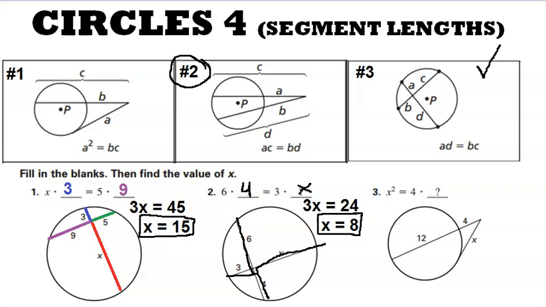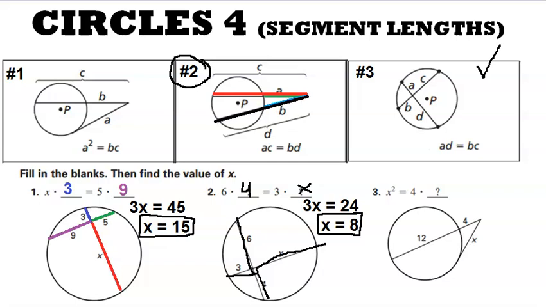Rule number 2 says that if you have a segment that has a part on the inside of a circle and then another part on the outside of a circle, you could do A times C, and I'm going to explain this in just a second, equals B times D.